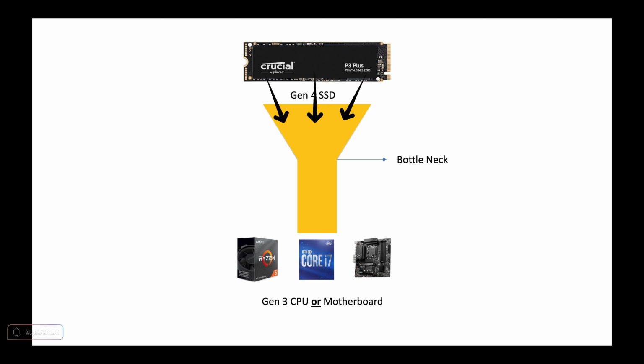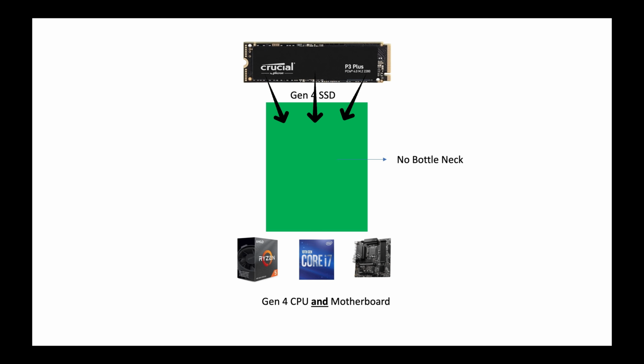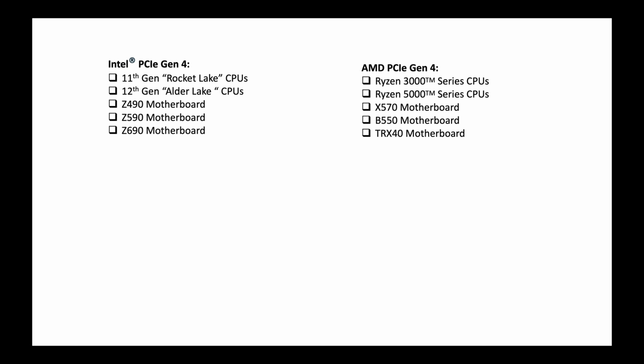In this picture, you can see the Gen 4 SSD is trying to send data as per its speed, but due to a compatibility issue, a bottleneck is getting created at the CPU and motherboard layer, as either one or both are not compatible with Gen 4 SSD. To achieve Gen 4 SSD speed, CPU and motherboard both should be compatible with Gen 4 architecture. I have provided a list of AMD and Intel CPUs along with motherboards which are compatible with Gen 4 architecture. You can pause the video and check the compatibility list.